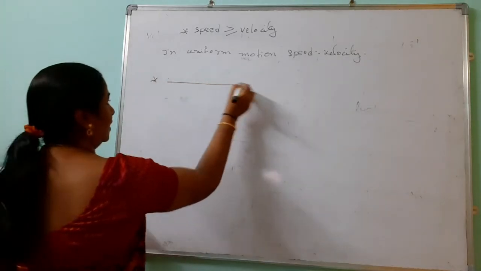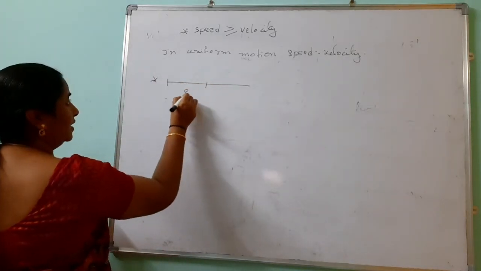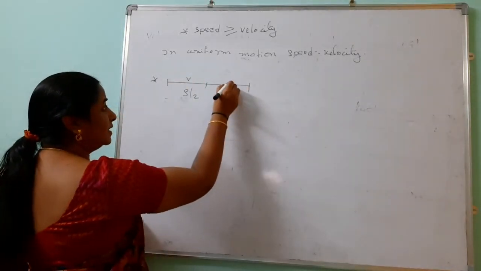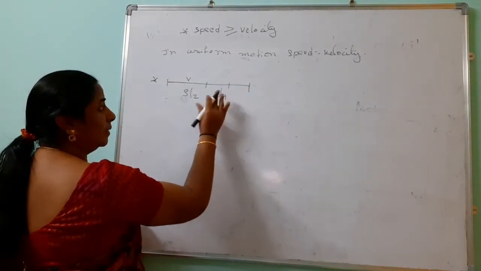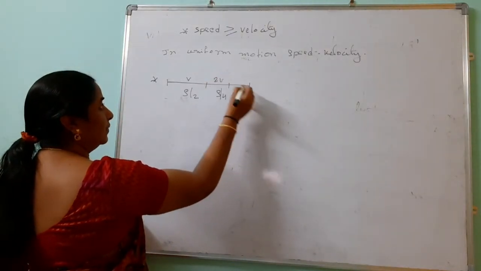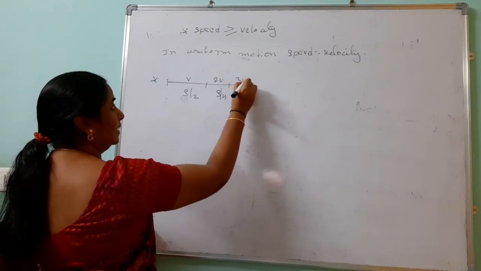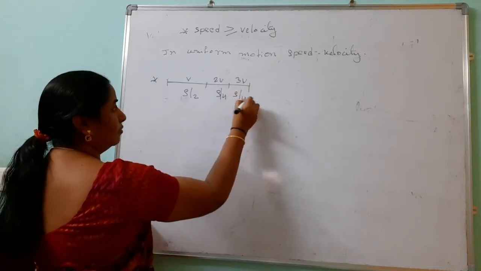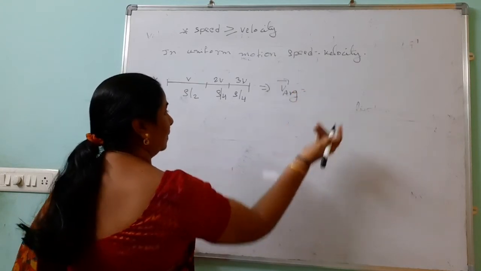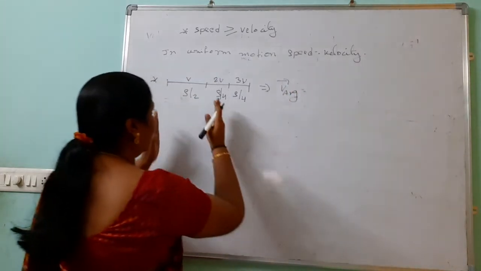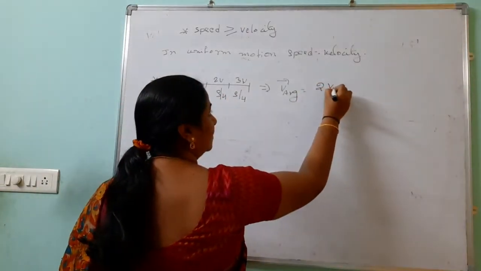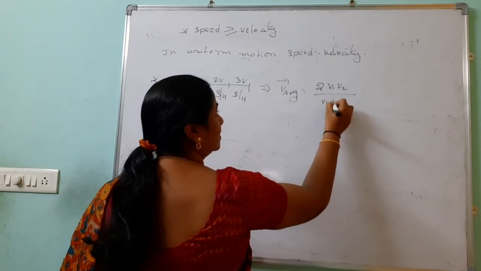If a body covers half of the distance with speed v, then of the remaining half of the distance, one part is covered with 2v and the last part with 3v. Find the average velocity. How do we find it? For a half distance and the remaining half distance, we know the formula 2v1v2 by v1 plus v2.